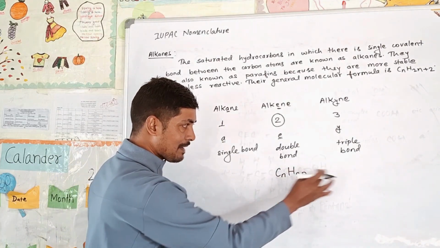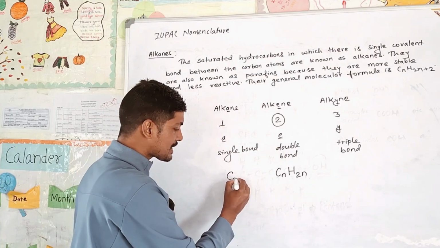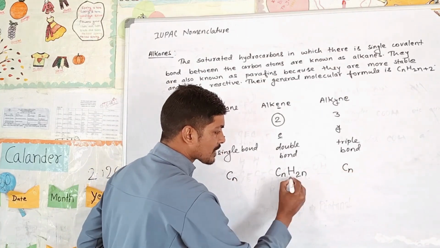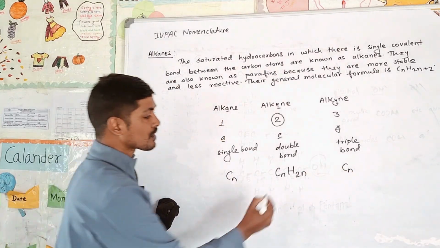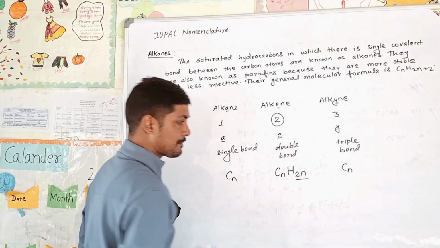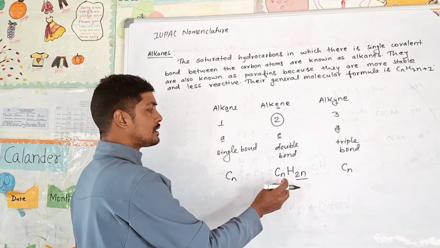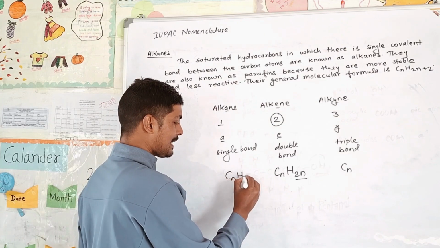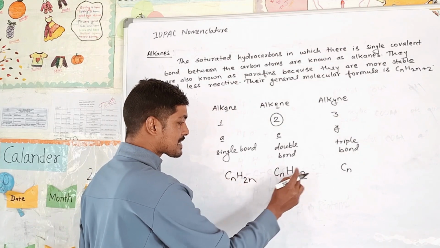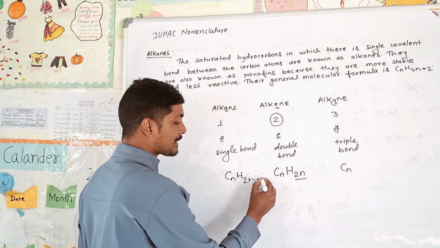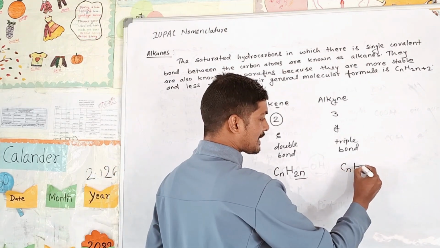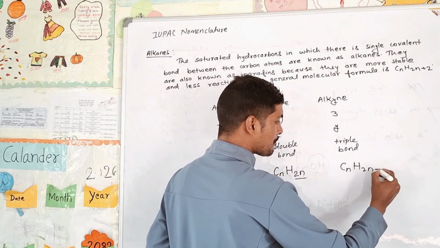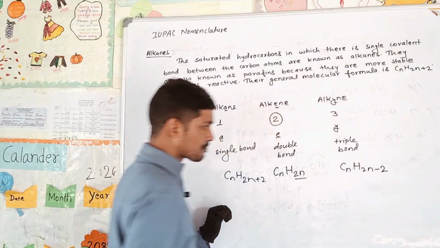This Cn is the same everywhere. You write here also Cn, here also Cn. In this alkene, what is there? H2n. Now, if we go to number one, then you write H2n, same here. Here you write plus, and here also you write H2n, but here minus 2.